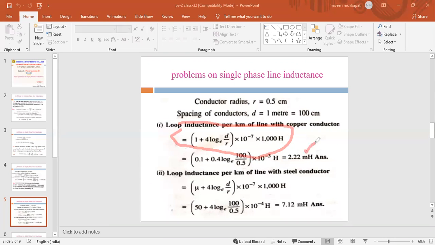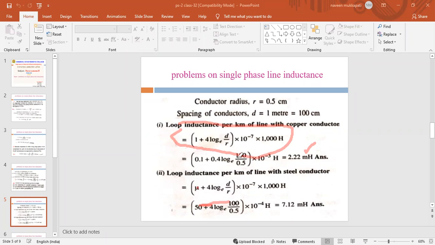This is the loop inductance per kilometer of a line with copper as a conductor. The second one is the loop inductance per kilometer of a line with steel conductor, having relative permeability mu equal to 50. So we write 50 plus 4 log e 100 by 0.5, where 100 is the spacing D and 0.5 is R, the conductor radius.